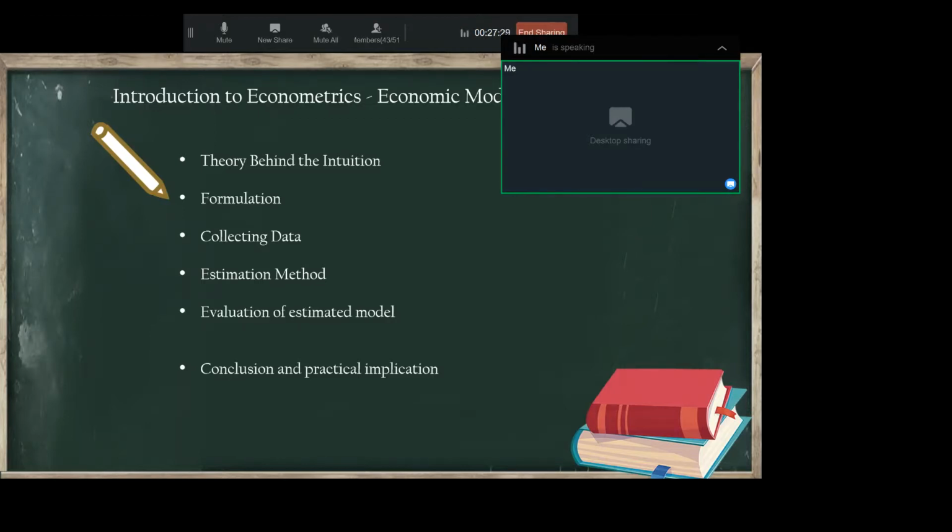As I told you, what is A, what is B, beta naught, what is B1, what is B2, how they behave, how they work, they explain the model. Here we can see the magnitude. Magnitude means size. Like GDP is a function of 4 times investment. It means if there is an increase in investment, there will be 4 times increase in GDP. So the number four is the magnitude.